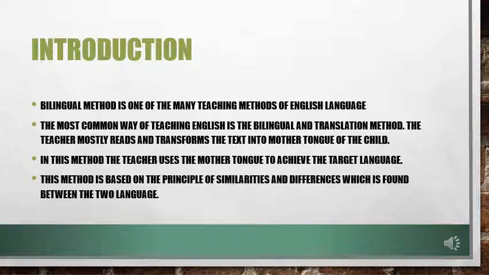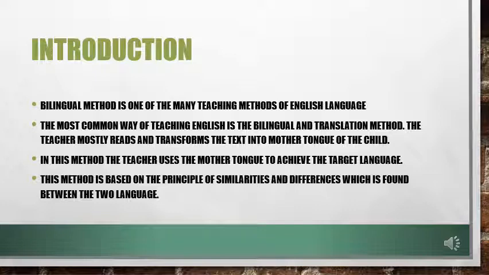This method is one of the many teaching methods available for the teacher to teach the language. The most common way of teaching English in schools is the bilingual method and translation method. So the teacher mostly reads and transforms the text into the mother tongue of the child.